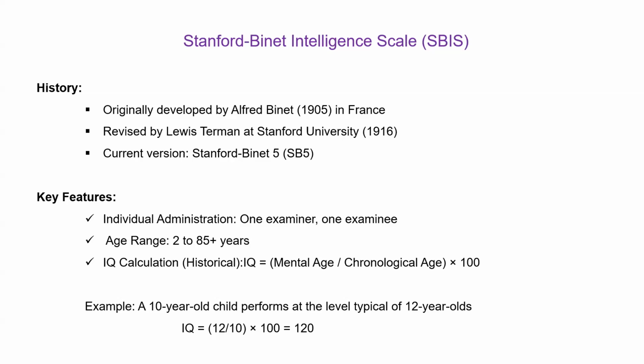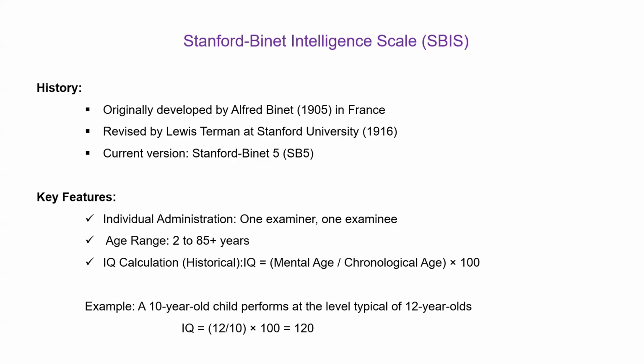If another student, let's say, is 10 years old by birth, but he is able to perform at the level of a typical 8-year-old child, mental age is then 8.